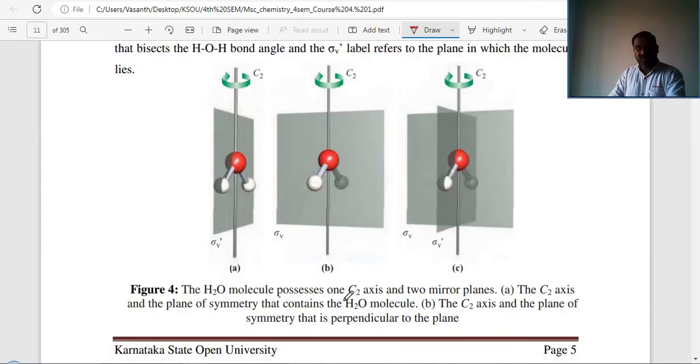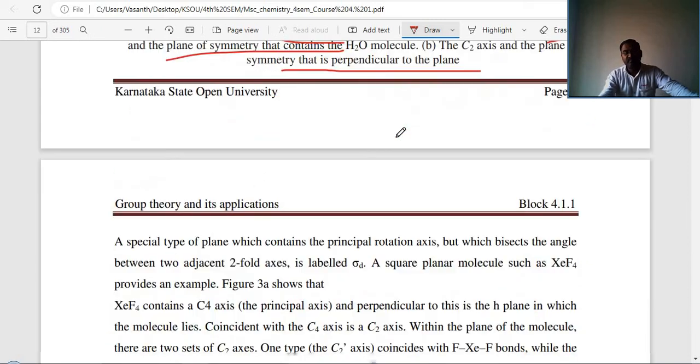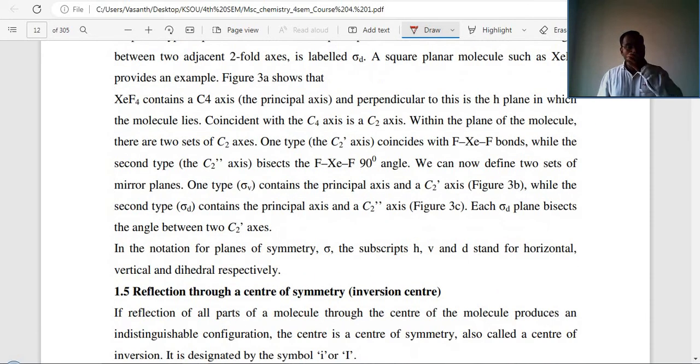This H2O molecule possesses one C2 axis and two mirror planes. First, the C2 axis and the plane of symmetry that contains the H2O molecule. Secondly, the C2 axis and the plane of symmetry that is perpendicular to that plane. This is an example of reflection.